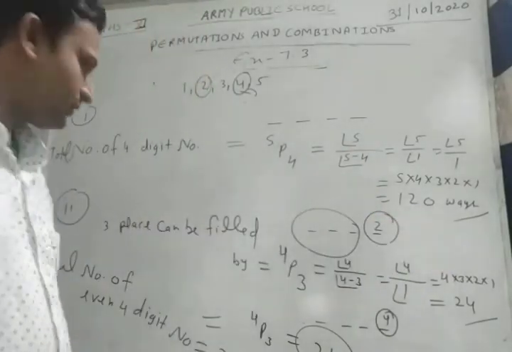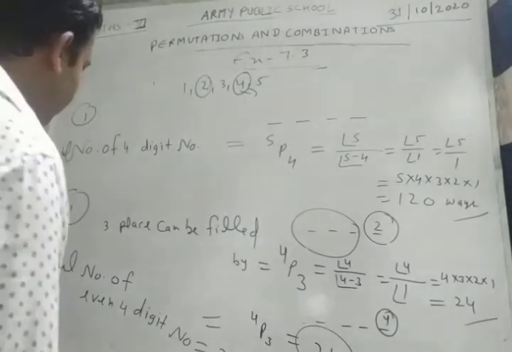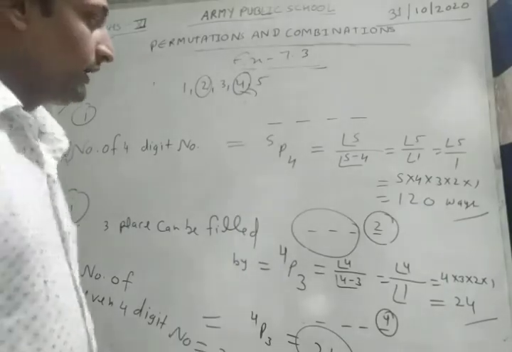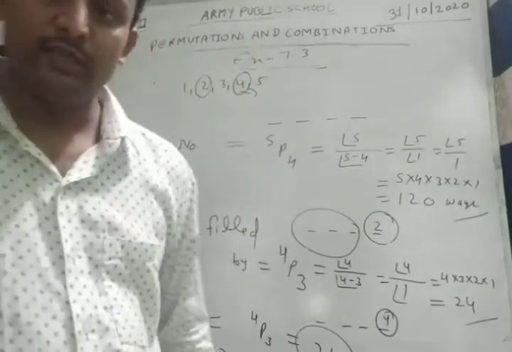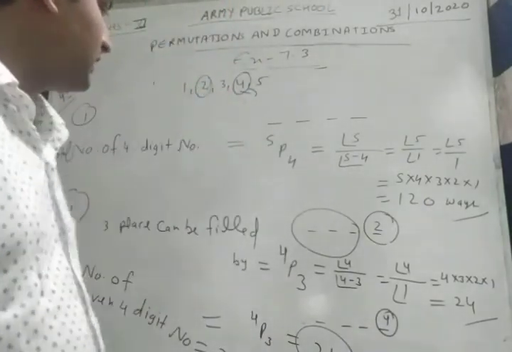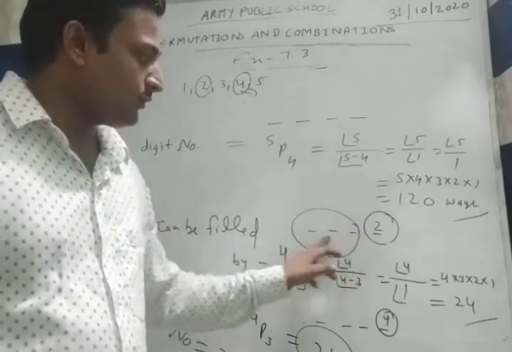Now the second question is asking how many 4-digit even numbers are there in these 120 numbers. So there are 2 even numbers, 2 and 4. Now there are 4 places.